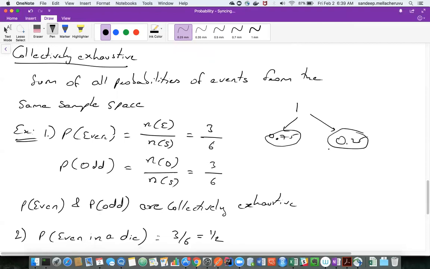Individually, they're not collectively exhaustive, but looked at in total, yes, they're collectively exhaustive.